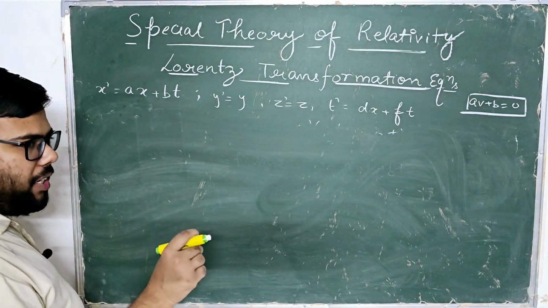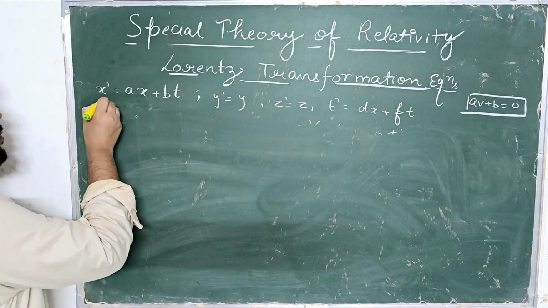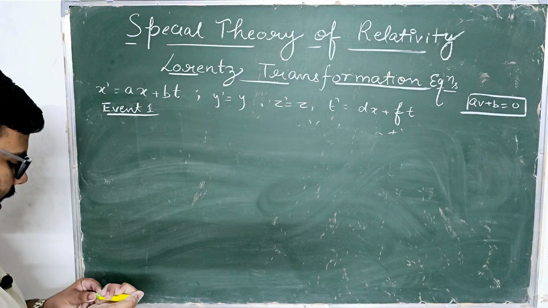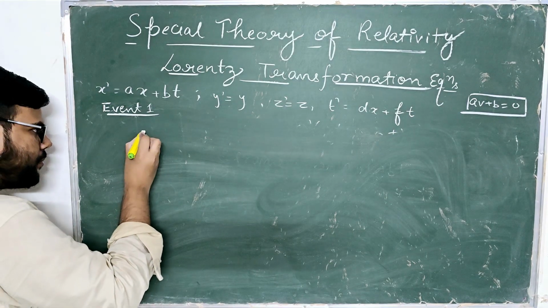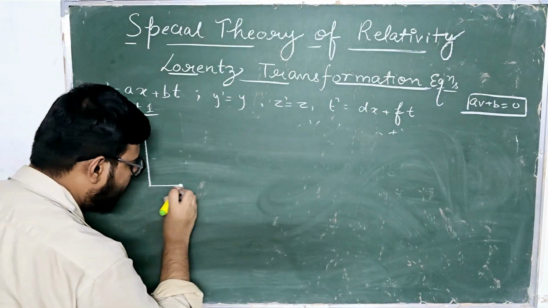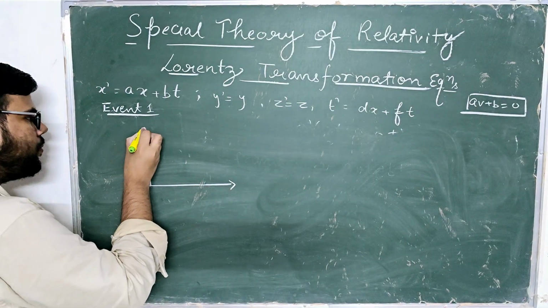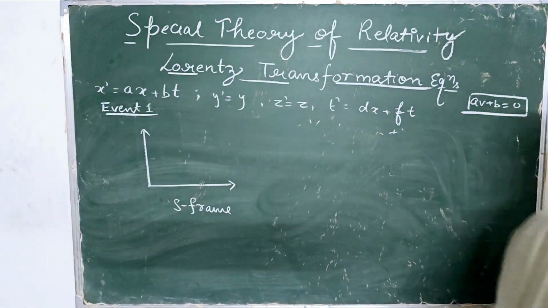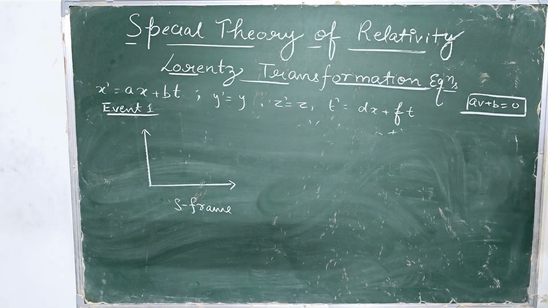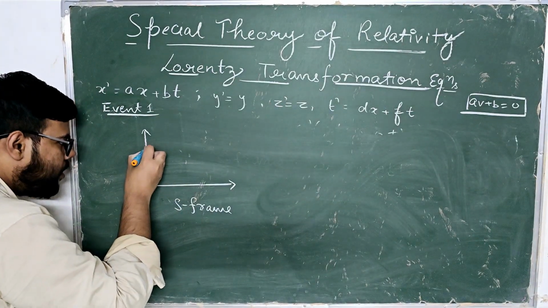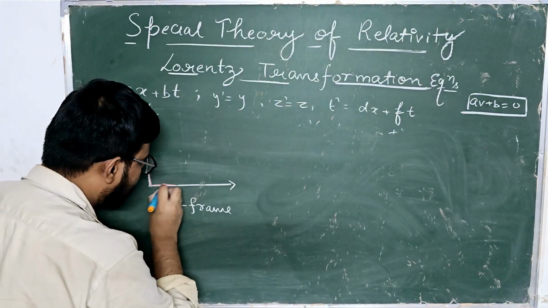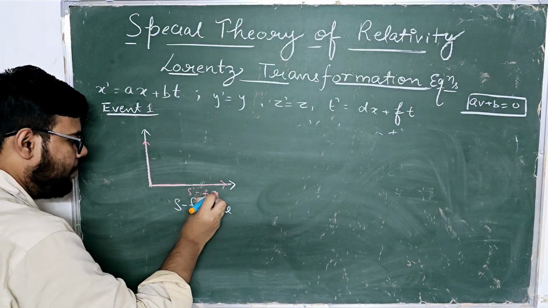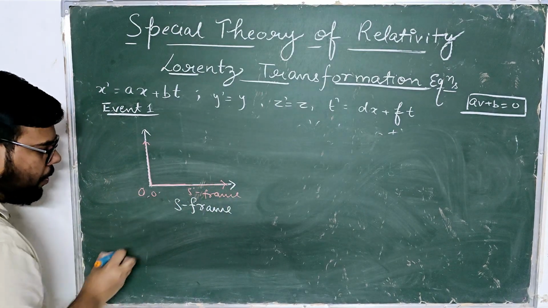Now suppose there is an event, let's name it event 1. Now it is in the starting, when this is the S frame and this is the S prime frame, when both O and O prime are coinciding.